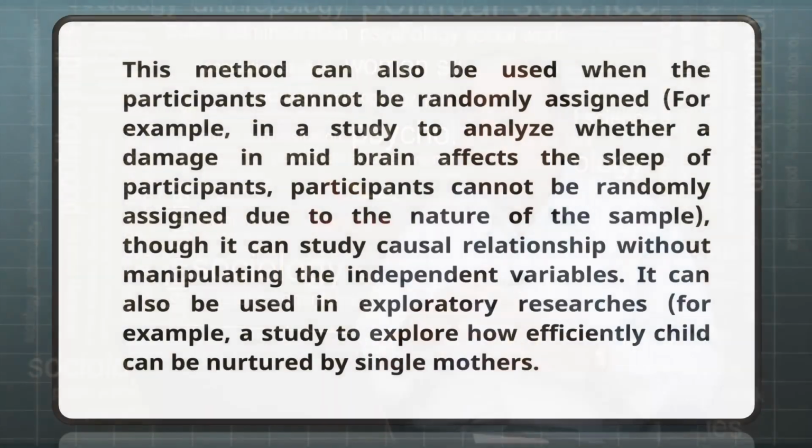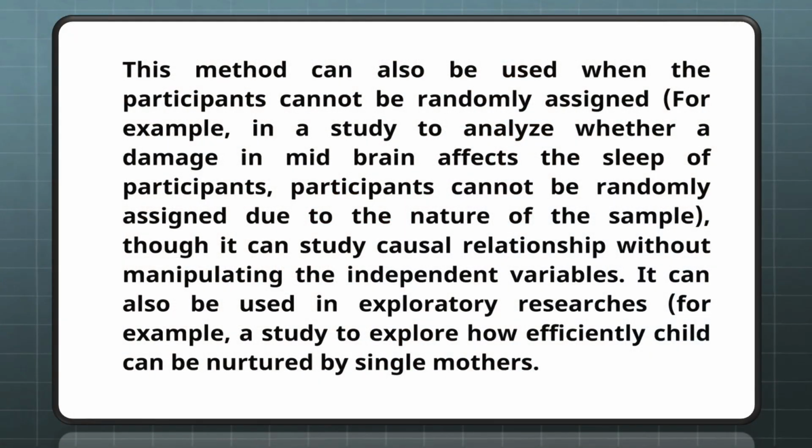I will talk to you in detail about how we select the sample and what the population means. So, in non-experimental research, whatever results we have, we can generalize to a larger population. This method can also be used when the participants cannot be randomly assigned.